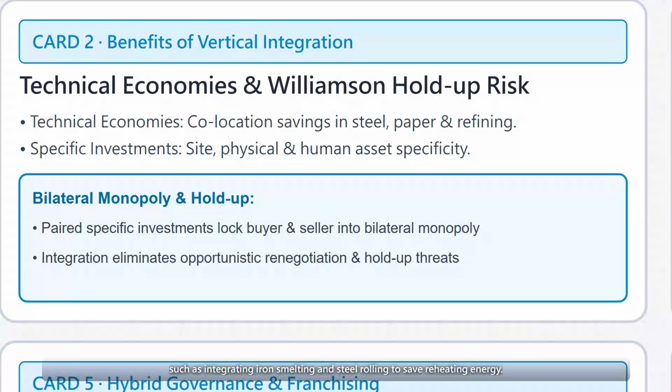Second, when transactions involve dedicated transaction-specific investments, custom machinery, or co-located facilities, buyer and seller enter a bilateral monopoly. This exposes parties to Oliver Williamson's hold-up problem, where one side opportunistically renegotiates after sunk investments are made. Vertical integration eliminates hold-up risks by unifying ownership.